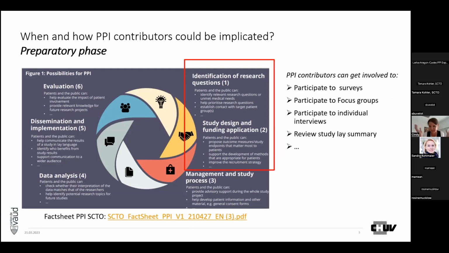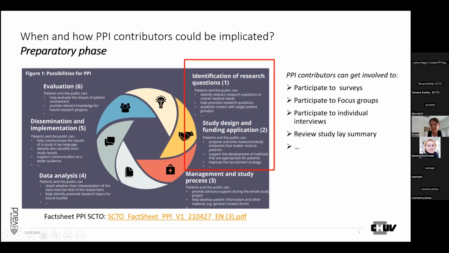First, during your preparation phase, while you are preparing your proposal, you can involve them to help you identify or refine your research question in order to be sure that this question meets their needs or concerns. They can help you also prioritize your endpoints or outcomes and help you establish contact with target patient groups. They can also help you adapt the methodology or study design of your protocol and help you revise the documents that you prepare for your study.